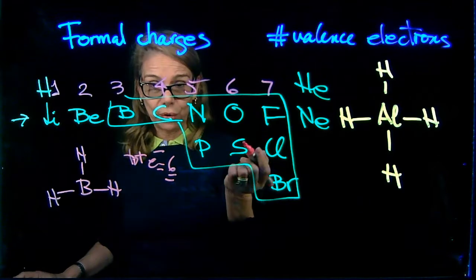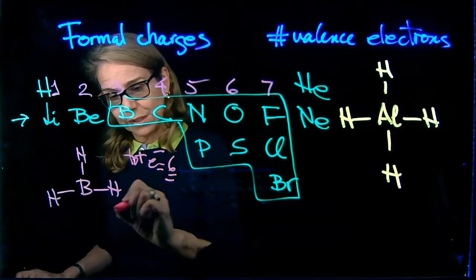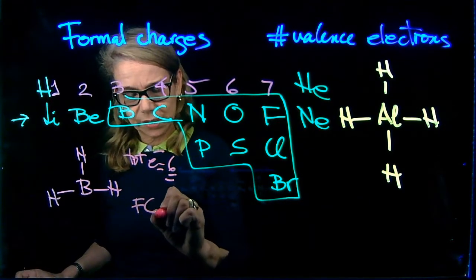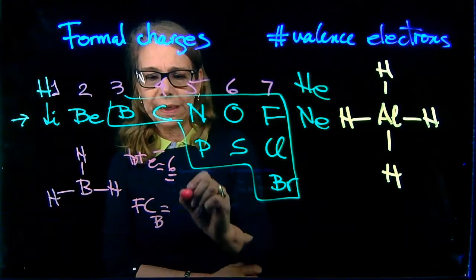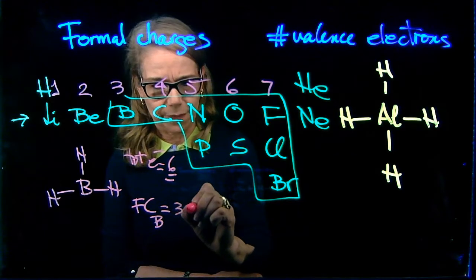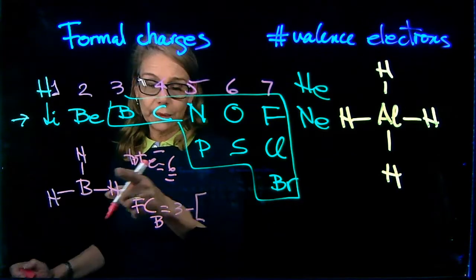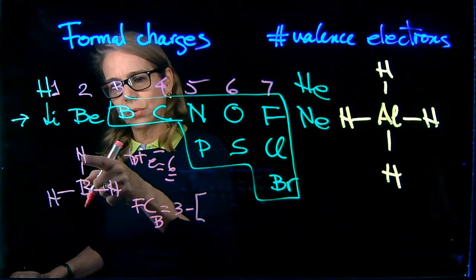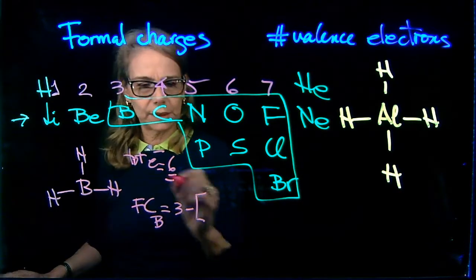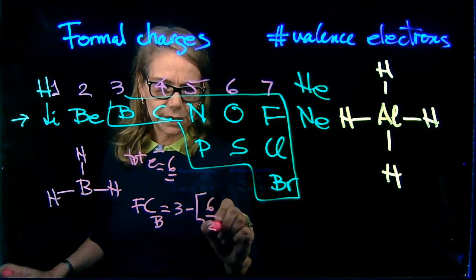Now when we go to formal charges, we're going to say formal charge of boron right there. So the number of valence electrons is 3 minus, then we're going to look at the electrons in bonds. So 2, 4, 6 divided by 2.